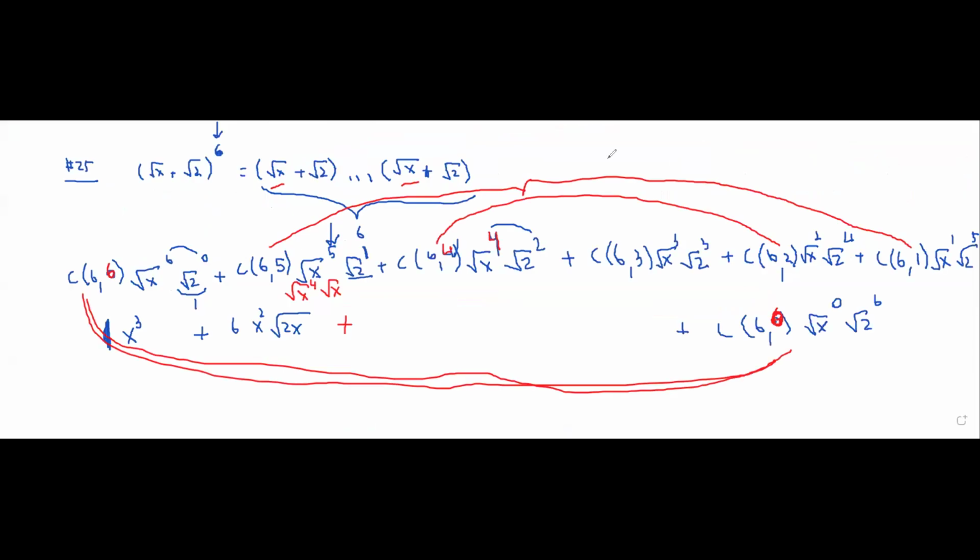So here we have it. 6 choose 4. It's going to be 15, right? And now what's with the powers? So it looks like x will be just squared because the square root disappears. And that guy will give me 2 because square root 2 squared is 2.